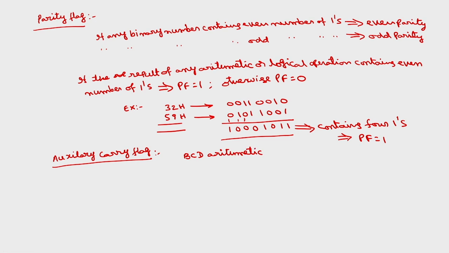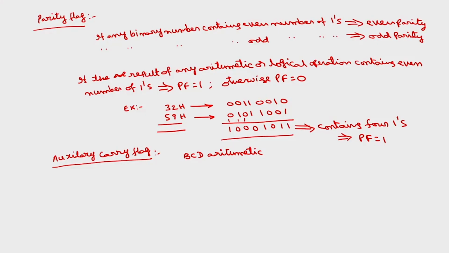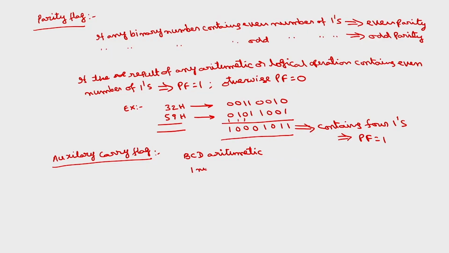In BCD addition and subtraction, the lower order 4 bits are important, whether we perform 1-digit BCD addition or packed 2-digit BCD addition. One BCD digit means 4 bits. If there is a carry from the lower nibble to the upper nibble, and a nibble is 4 bits, then that is what matters.